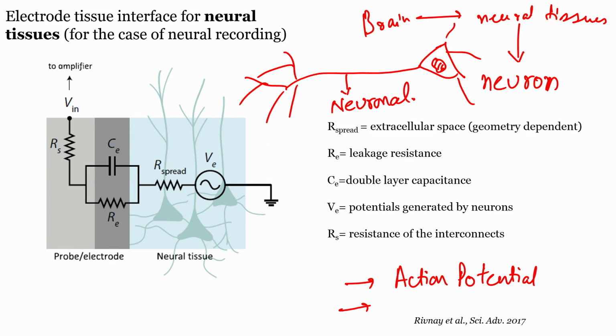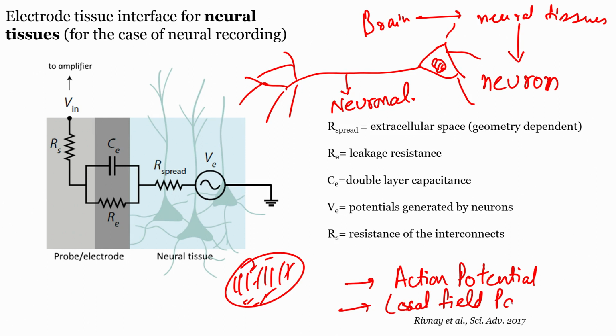So let's say when there are a bunch of neurons, when they generate potentials across a large spatial domain, so let's say this is a particular part of a brain, and these lines are nothing but neurons. So each neuron is generating some potential. The collective potential of such neurons is the local field potential, or LFP.